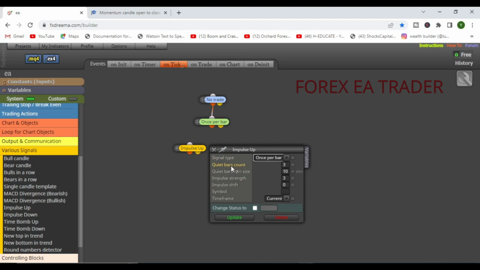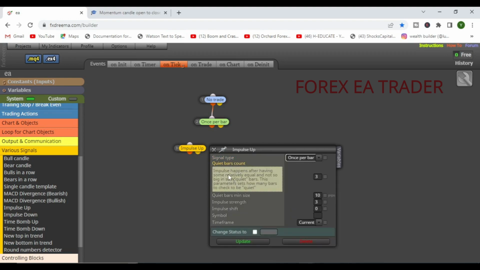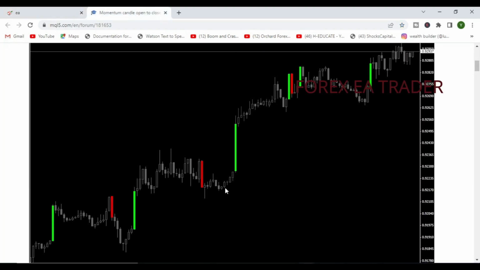Then quiet bars count. If we click on there, we want to look for an impulse that happens after having some relatively equal and not so big quiet bars. These are the quiet bars that we are talking about. You just have to look at the average quiet bar, some mathematics on your part.